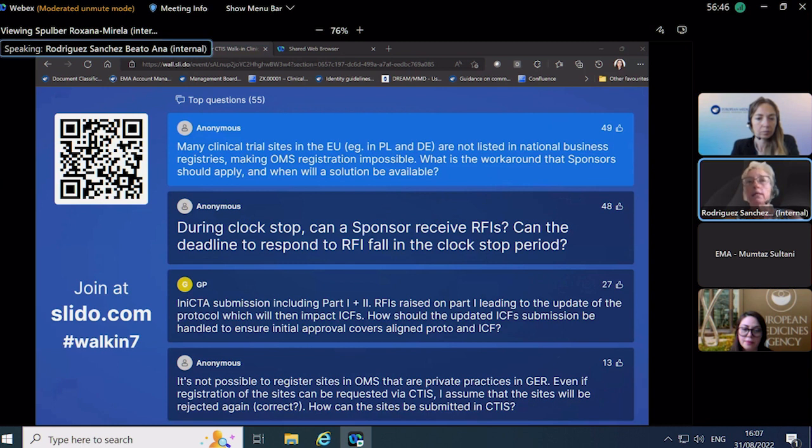We are still looking at what would be the best solution to address this issue, but please be aware it's on the radar, and we need to find the best and most efficient solution. We have not forgotten this concern, and we are working on it. But I cannot give you a date when this will be solved.